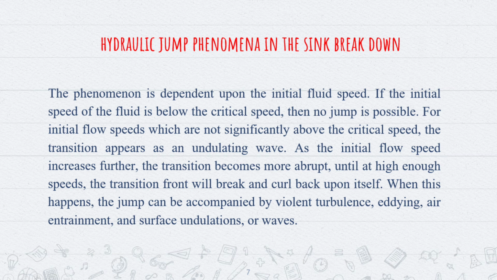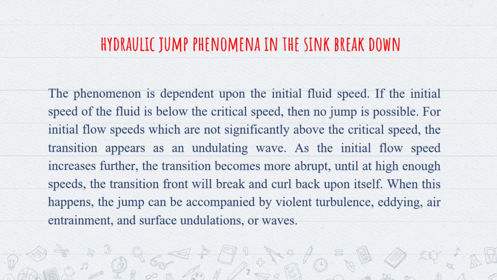The hydraulic jump phenomenon in the sink depends upon the initial fluid speed. If the initial speed of the fluid is below the critical speed, then no jump is possible. For initial flow speeds which are not significantly above the critical speed, the transition appears as an undulating wave.